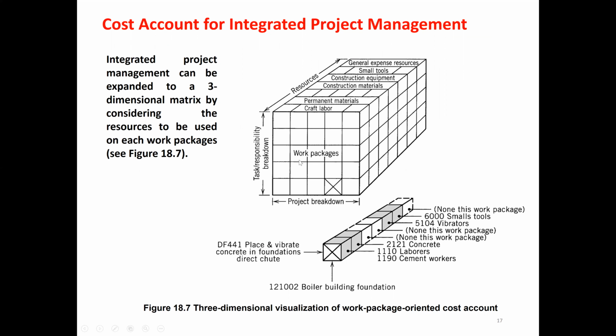Resources can be craft labor, permanent material, construction material, construction equipment, and small tools. So we can think of the resources in the three-dimensional Figure 18.7 for the cost account for integrated project management.